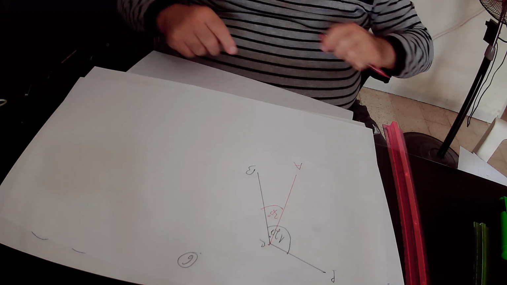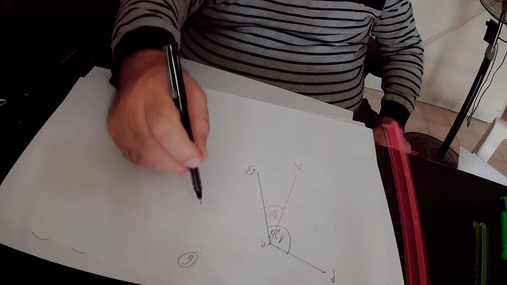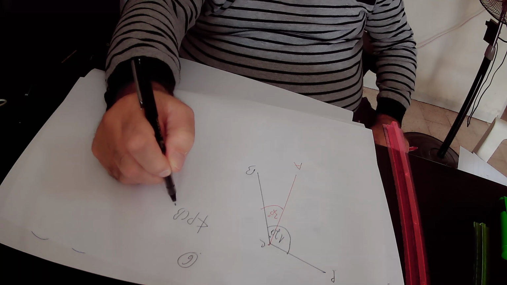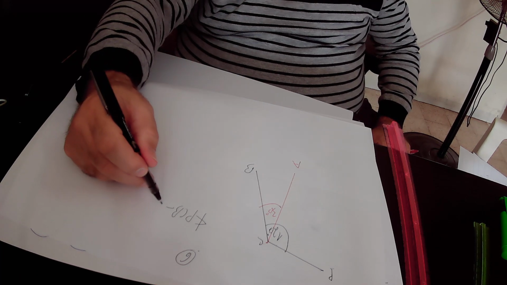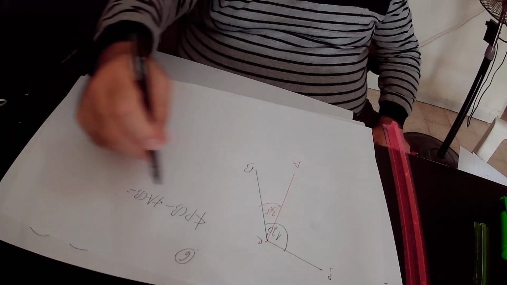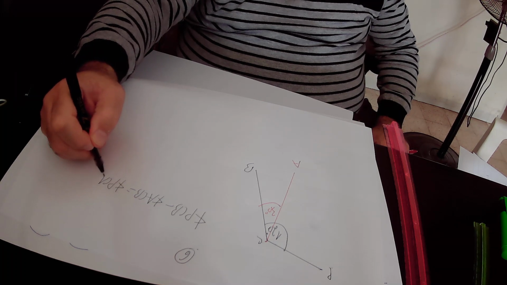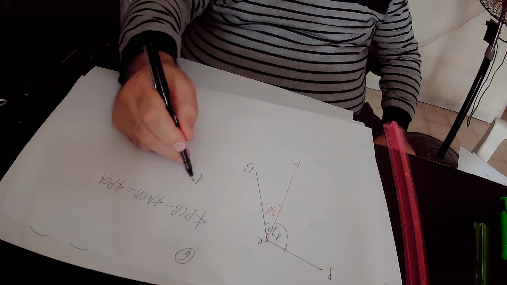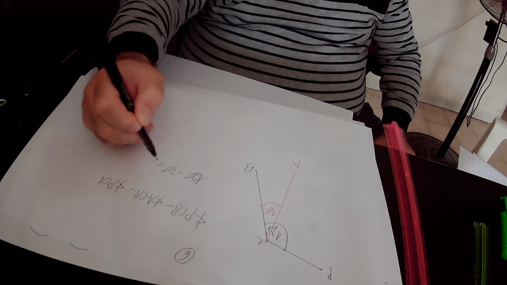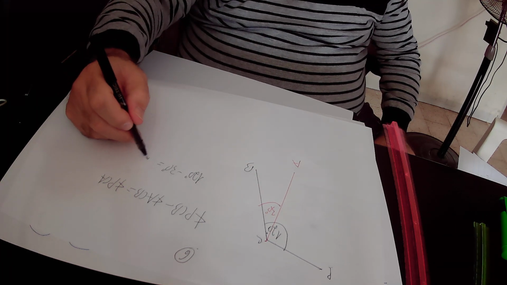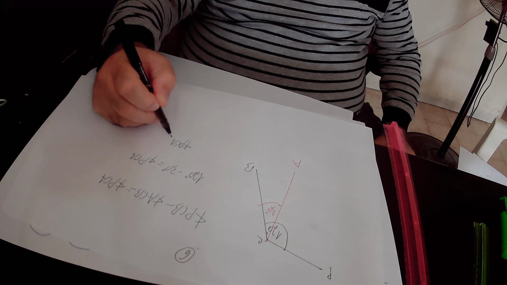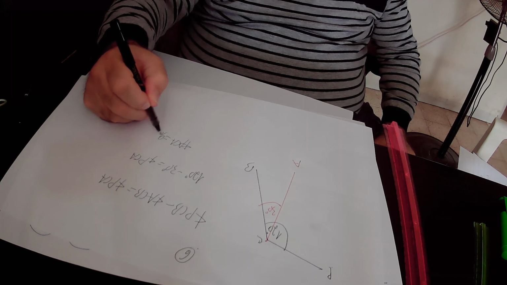So I write it down. The big angle PCB is 120 degrees, minus the small angle ACB, that is 30 degrees, will give us the missing angle, that is angle PCA. So we actually found out that the missing angle, angle PCA, equals to 120 degrees minus 30 degrees, that is 90 degrees.